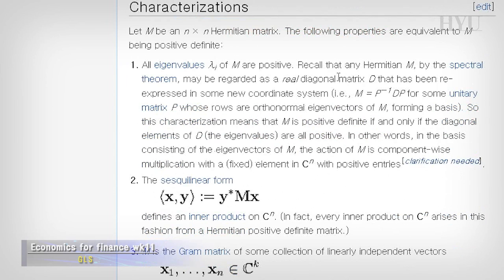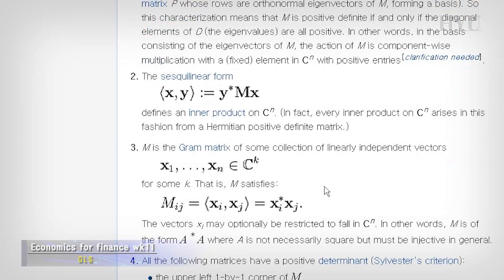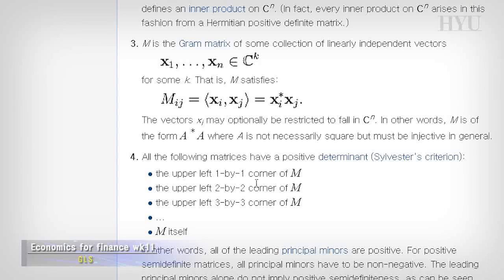And I think there is a sesquilinear form defined by the inner product on C^n. That is not important. That is the Gram matrix, a collection of linearly independent vectors. Okay, this is the one.